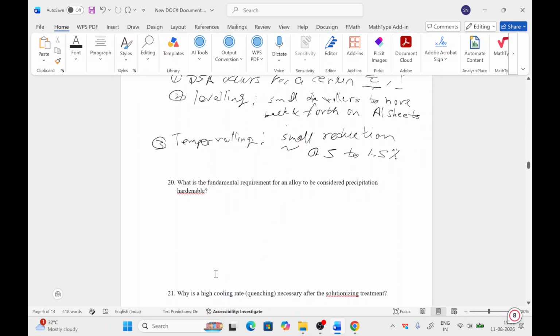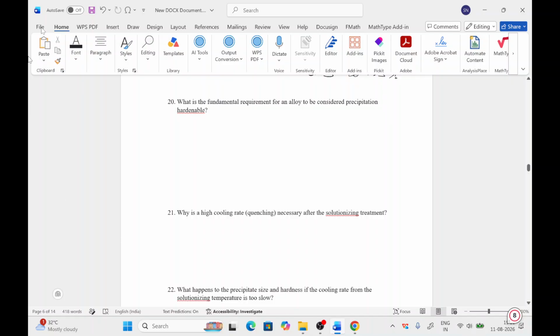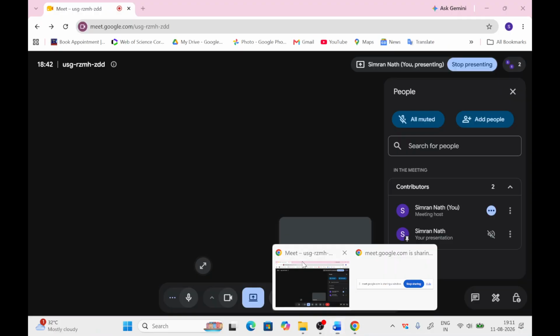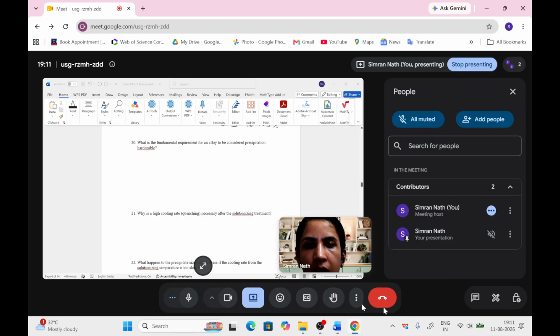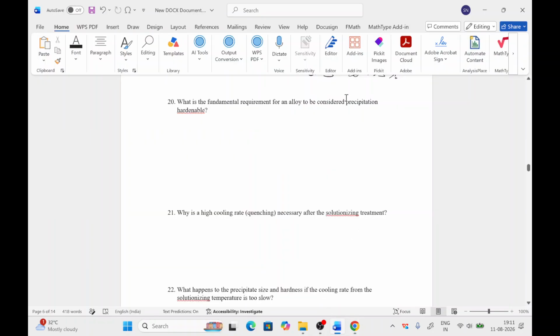So next question is, what is the fundamental requirement for an alloy to be considered precipitation hardenable? This is based on precipitation hardening. Precipitation hardening is when some precipitation occurs in an aluminum alloy that increases its strength and hardness.